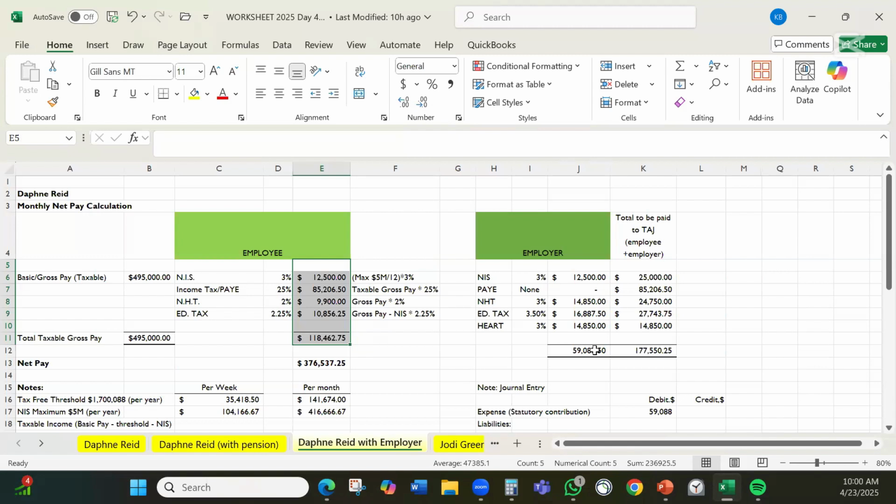So you have the 59,000 for the company plus the employee portion, and that gives you $177,000. Noted. So when you're filing your returns, you're not just looking at it to say, okay, this was what you withheld from the employee. No, you have to match it based on the various percentages that I said there and pay over the full amount to the tax office.